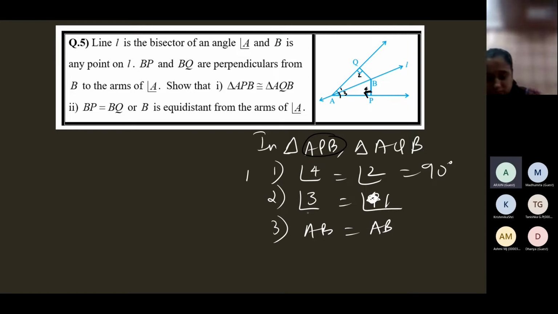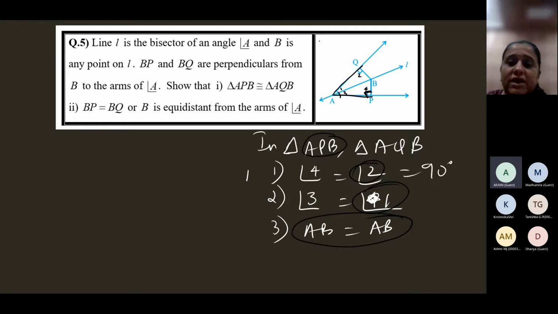AP. And angle 1 and angle 2 include which side? AQ, ma'am. AQ. But what have we written here? AB is equal to AB.